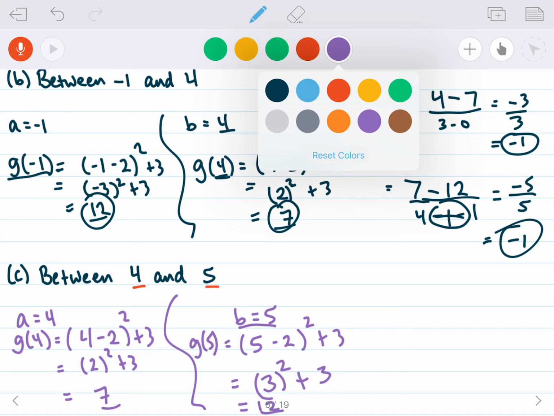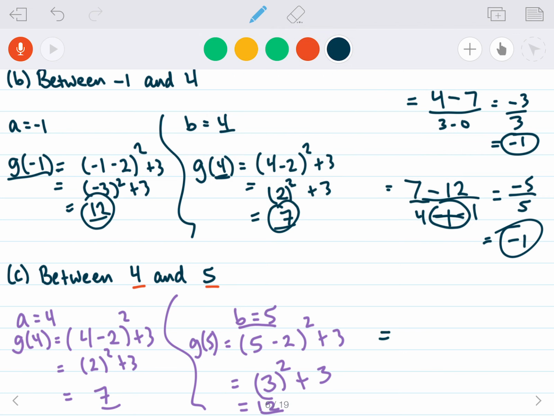So our rate of change formula is going to tell me g of B, which is 12, minus g of A, which is 7, all divided by B, which is 5, minus A, which is 4. Simplify the top, I get 5. Simplify the bottom, I get 1. 5 over 1 is 5.